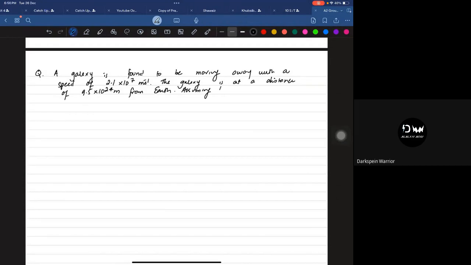Assuming the speed remains constant, what is the age of universe? Can you do that, please?